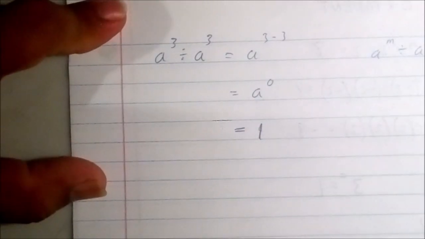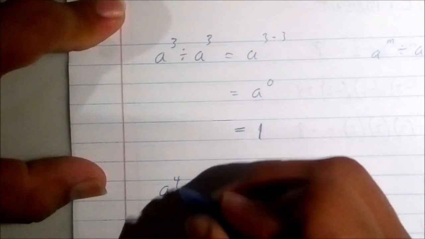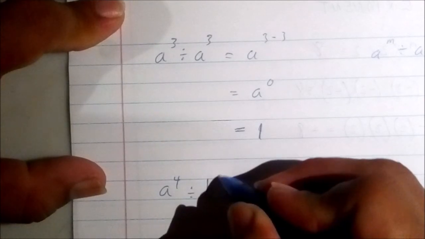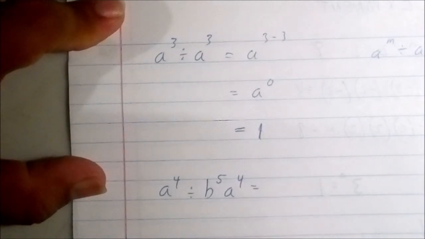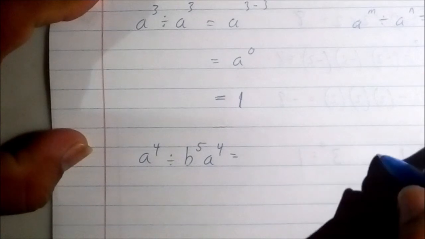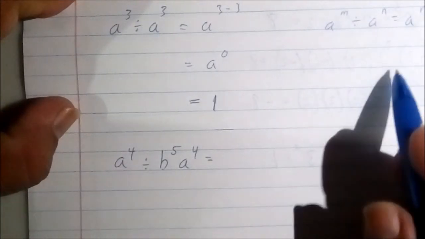Now, consider that you have a to the 4th divided by b to the 5th, a to the 4th. Okay, let's see how this works out. Well, according to the rules, it says that if a base is the same, we'll keep the base and simply subtract the powers.